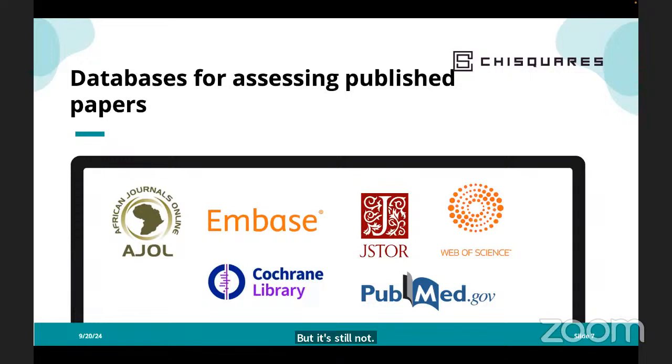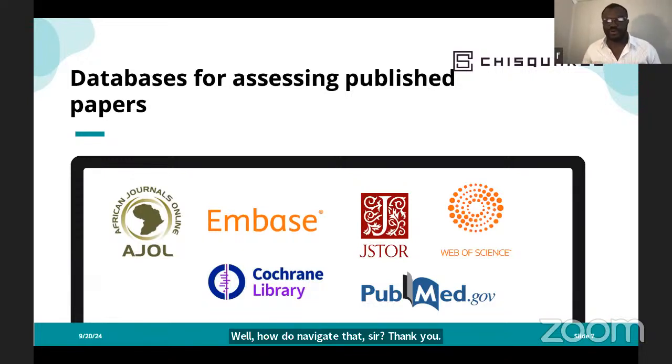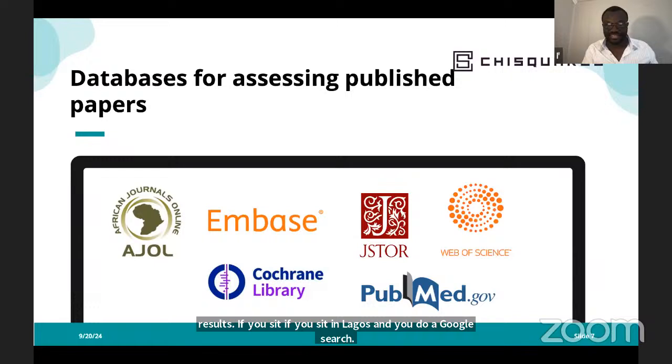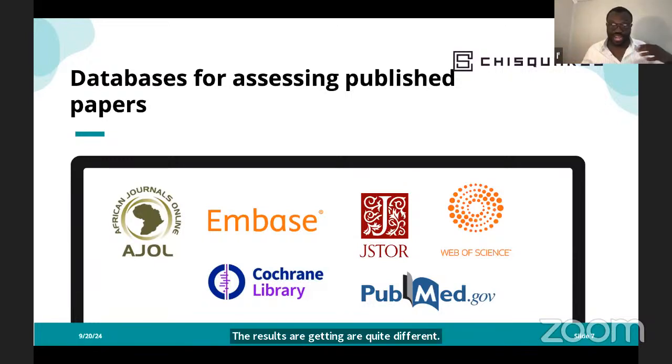Thank you. Okay. So first of all, let's understand the reasons why Google or Google Scholar are not encouraged. Number one, it's not reproducible. If you sit in, let's say, Lagos and you do a Google search, the results you're getting are quite different from where if you were, let's say, in Boston, right? So first of all, the fact that it's not reproducible is the problem.